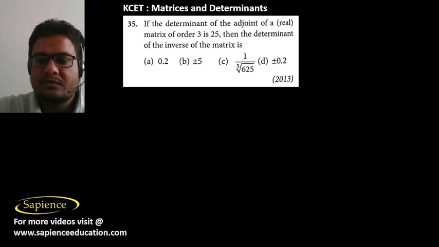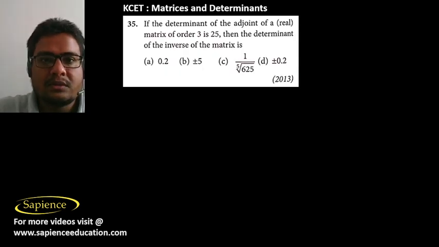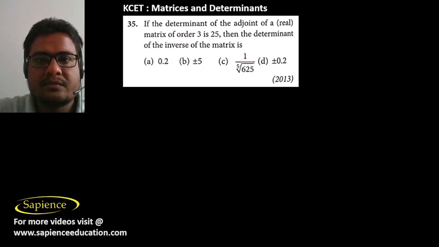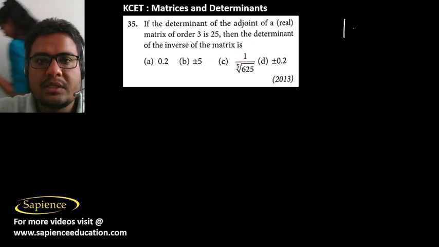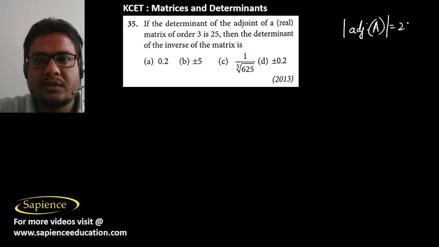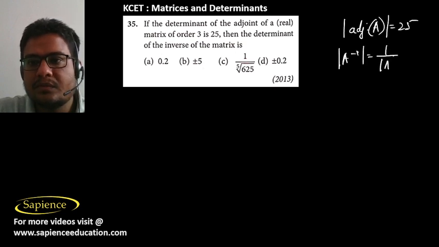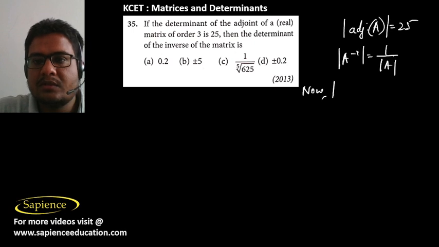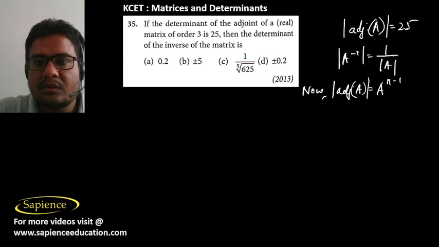Then in question number 35, it is told if the determinant of the adjoint of a real matrix of order 3 is 25, then find the determinant of the inverse of the matrix. So determinant of the inverse is given as 1 by determinant of A. Now the determinant of adjoint of A is given as determinant of A raised to n minus 1, where n is the order of the matrix.